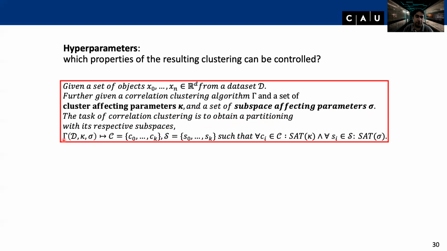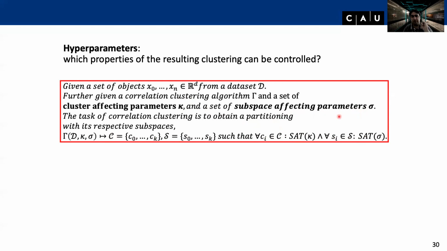So we say an algorithm gamma on a data set D with parameters that affect the clusters kappa and the subspaces sigma yields us a partitioning C with the single clusters C0 to CK and their corresponding subspaces S0 to SK, such that for all of these clusters, it holds that they satisfy the cluster affecting parameters kappa, and for all subspaces, it holds that they satisfy the subspace affecting parameters sigma.